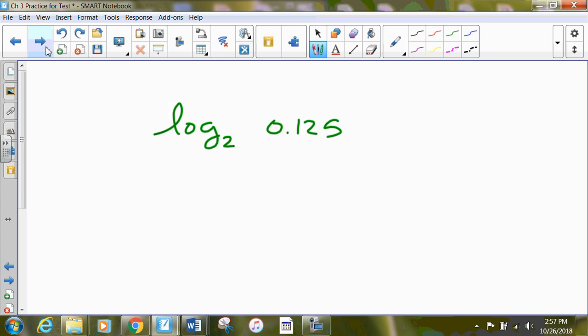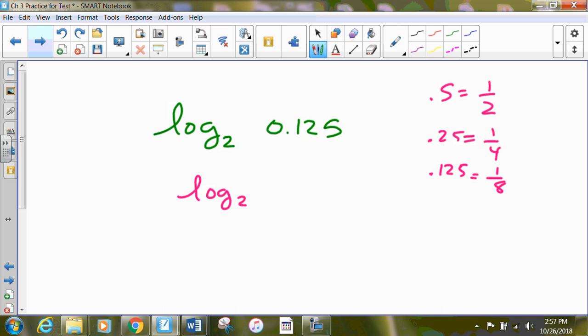Okay, so once again, just like I don't like roots in my log, I don't like decimals. So whenever possible, I'm going to change my decimal to a fraction. And I know that 0.5 is 1/2 and 0.25 is 1/4, so it would make sense that 0.125, half of 0.25, is going to be 1/8.